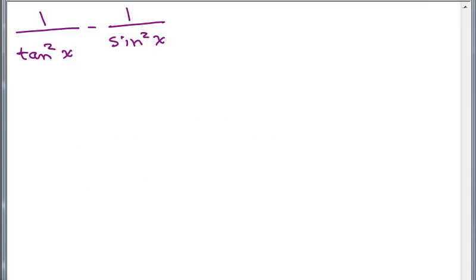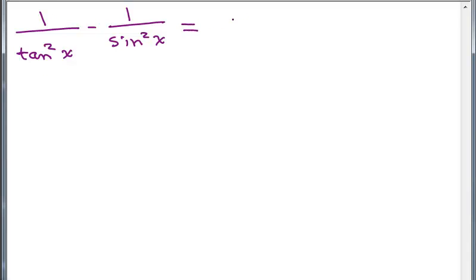So here's the first one: 1 over tangent squared x minus 1 over sine squared x. Let's begin by writing everything in terms of sine and cosine, or we can use a reciprocal identity. If tangent squared x is in the denominator, remember you could write that as cotangent squared x in the numerator.